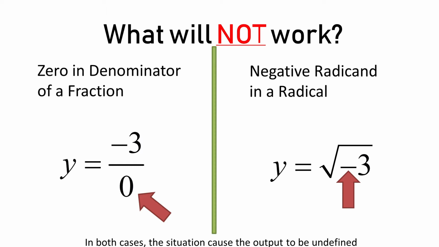Okay, so that's one bad situation. On the right hand side, you have a square root of a negative number. And when you try to take the square root of a negative number, you also have undefined. You can take the square root of positive numbers and 0, but not negative numbers. So in both cases, having those things happen would cause the output to be undefined. So these are the things that you really have to watch out for when you're asked to find the domain of a function.